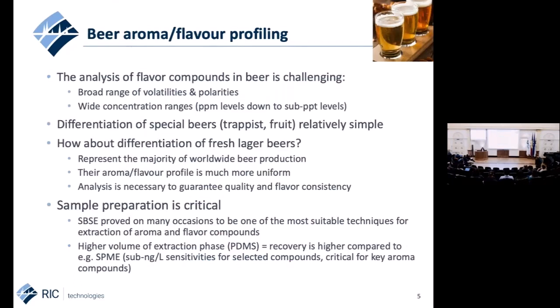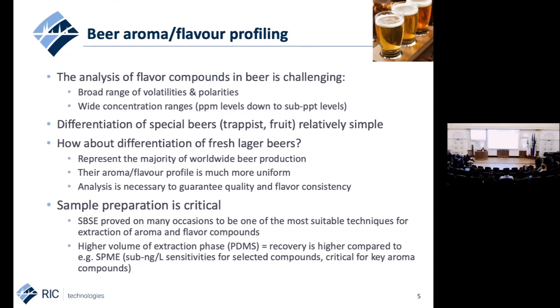Now, beer aroma and flavor profiling is very important. At the same time, this is quite challenging. And why? This is mainly because we have compounds present which have broad volatility and polarity ranges. We also have compounds which are present at broad concentration ranges.